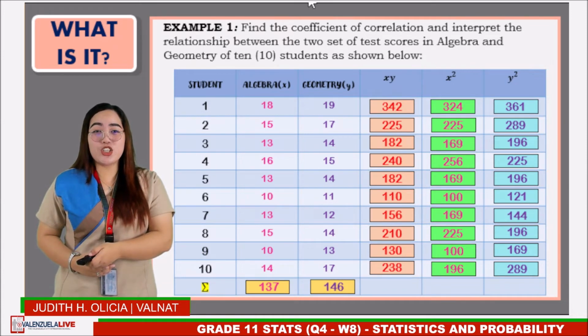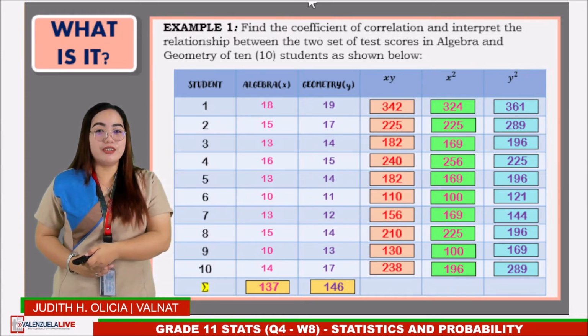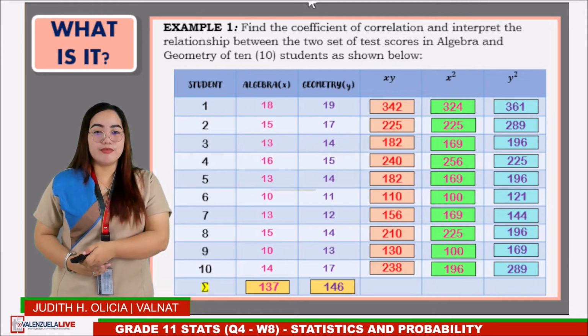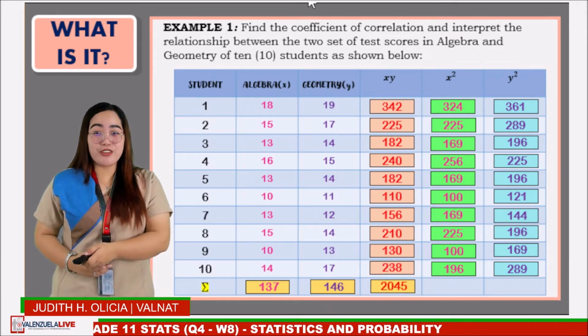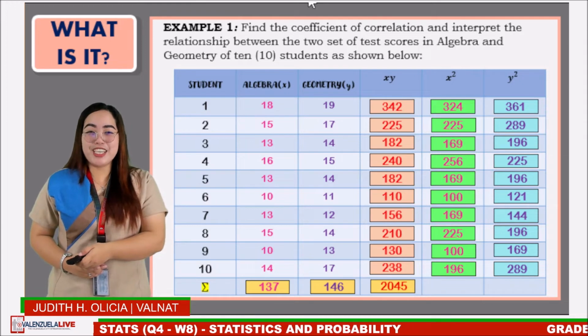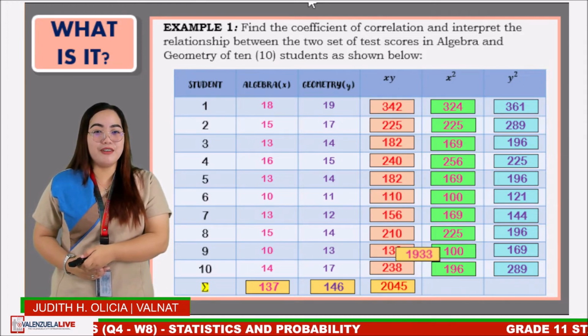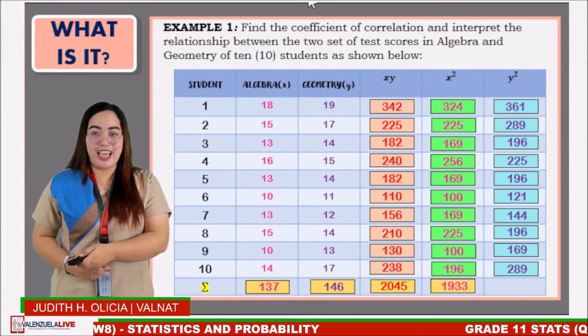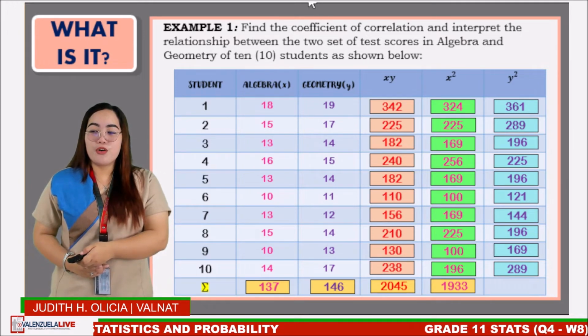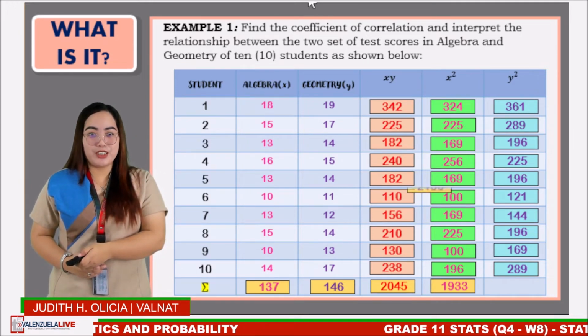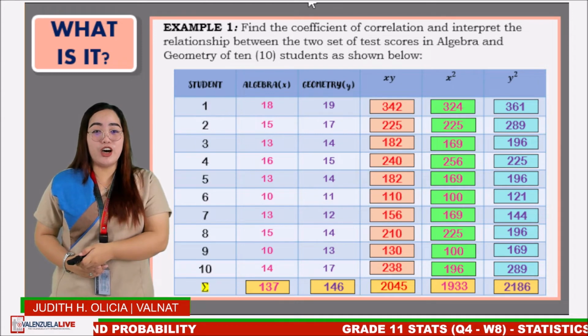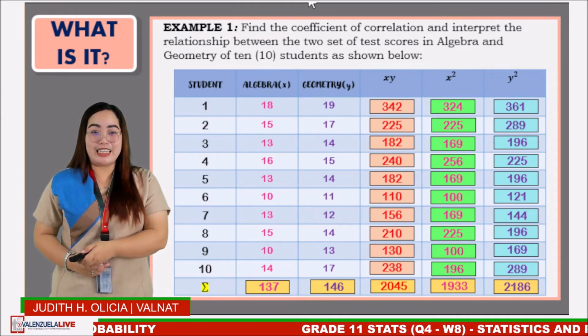For the summation of XY, we have 2,045. For the summation of X squared, we have 1,933. For the summation of Y squared, we have a total of 2,186.